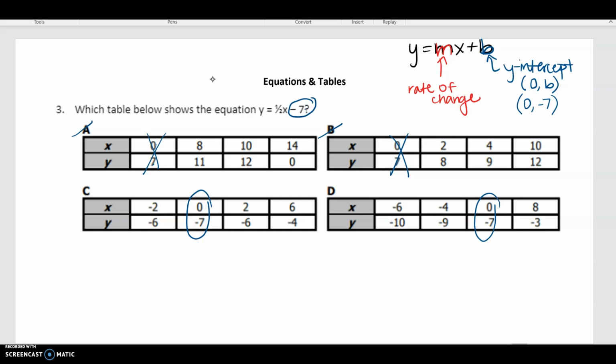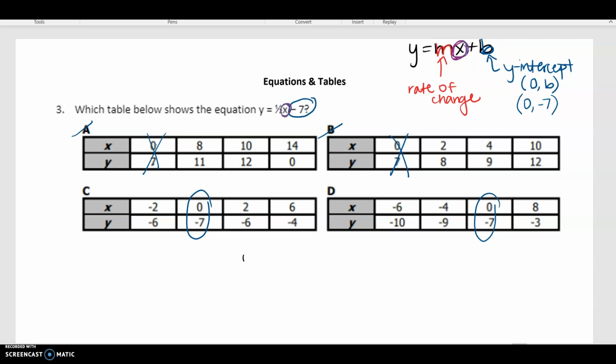So the second piece is my rate of change, and sometimes that's kind of difficult in tables. So what I want you to do is go ahead and look at the substitution piece. So what we're going to do with substitution is we're going to take the x, and we're going to choose an x value from the table and plug it in, okay?